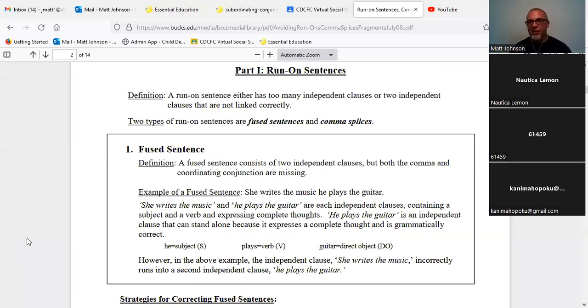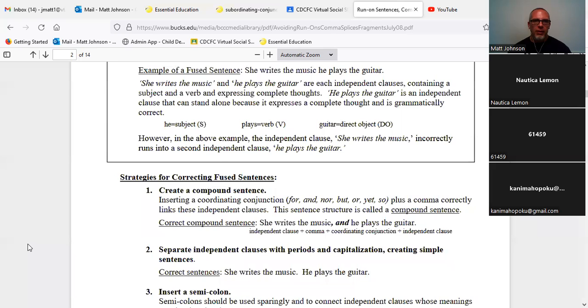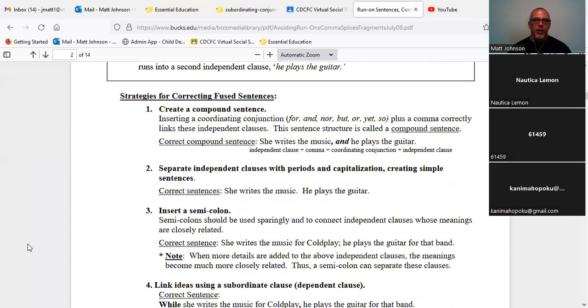And here they actually have a shorter sentence that they've smashed together. She writes the music, he plays the guitar. You got to have a conjunction in between that. It's not going to work otherwise. She writes the music, comma, and he plays the guitar. So, like they say in here, how are you going to break those up? What's your strategy?